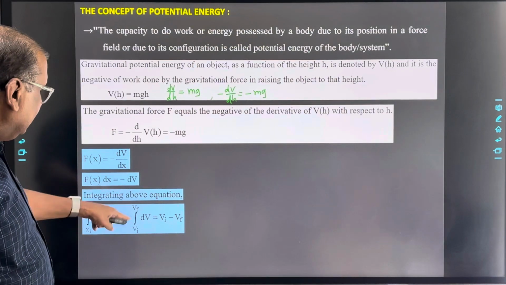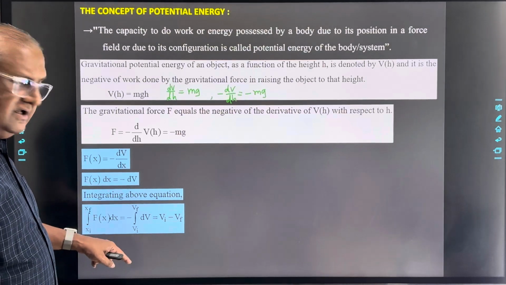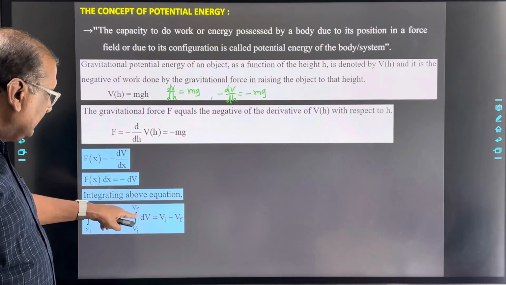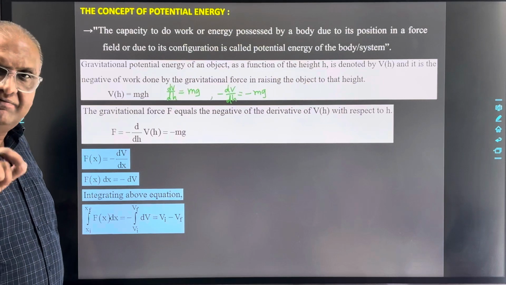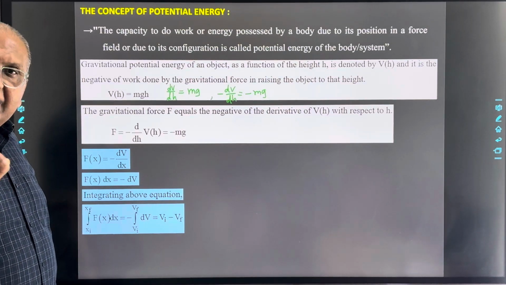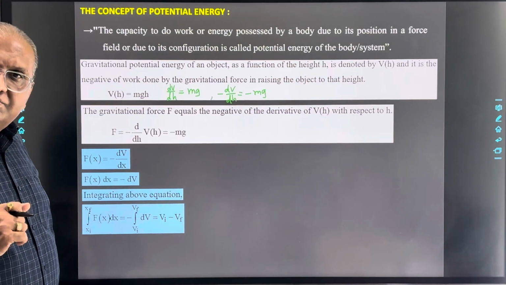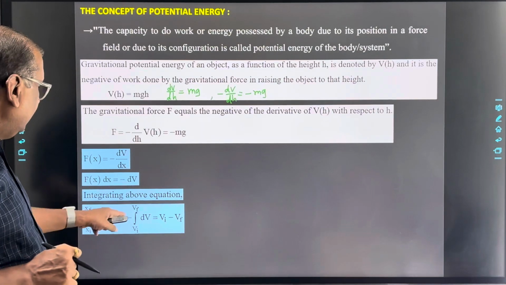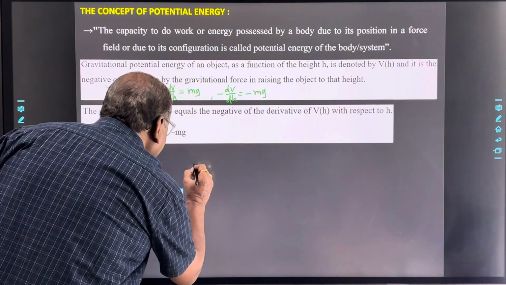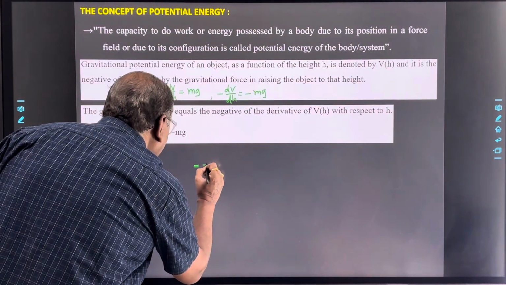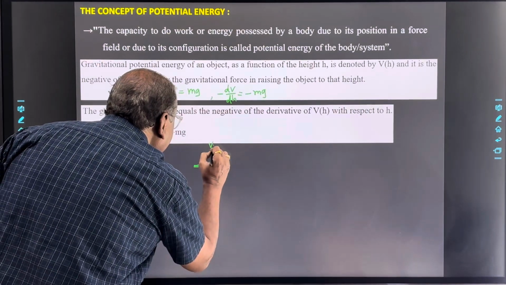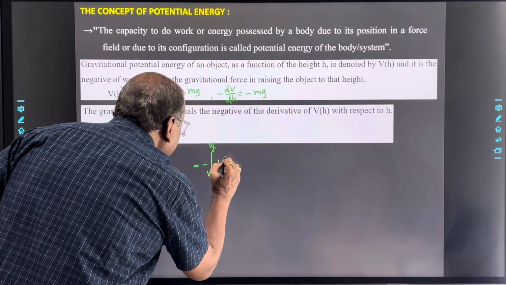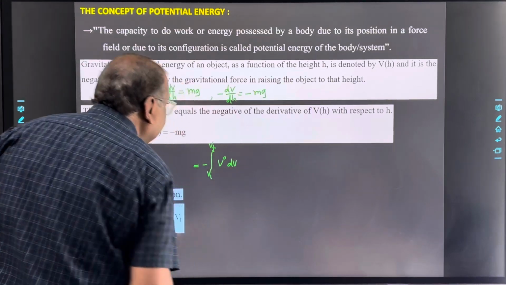So let's write down one more step here. Minus integration dV. So here we can write integration dV, that is integration 1 dV. We can take 1 there. So we can write 1, that is V raised to 0. Now we write this as minus integration from Vi to Vf of V raised to 0 dV.